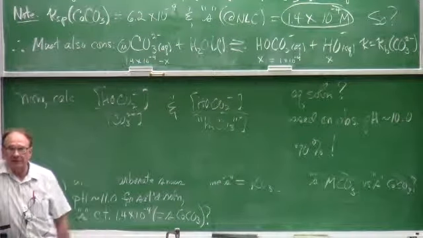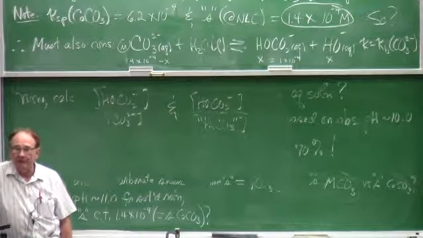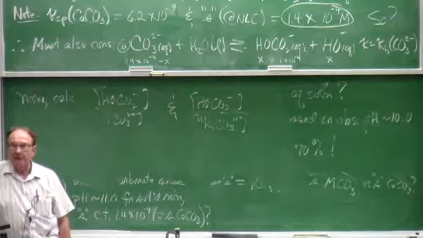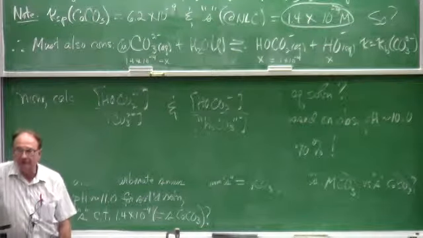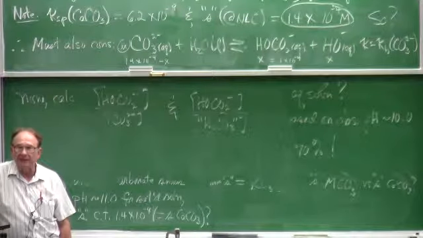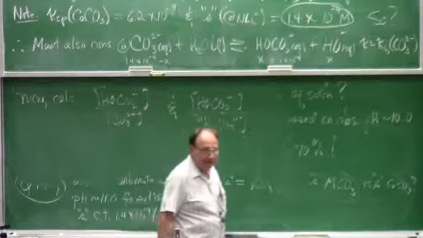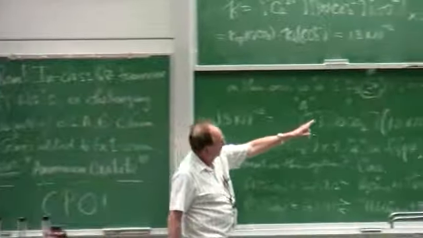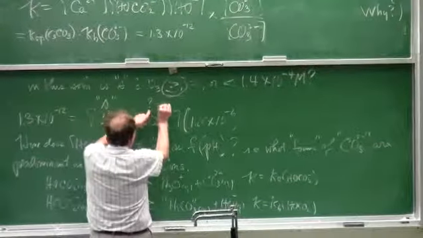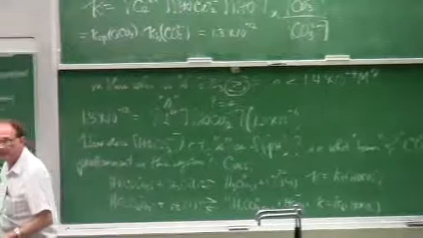And if you do these calculations correctly, you'll find out that at pH 8.00, the only form of carbonate in this system that amounts to anything is bicarb itself. So for this system, you're going to find out that the bicarb concentration is equal to S. And we'll pick it up from this point next time.